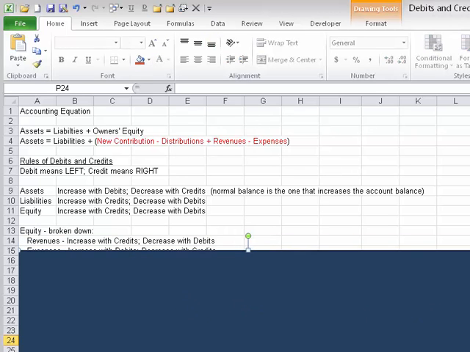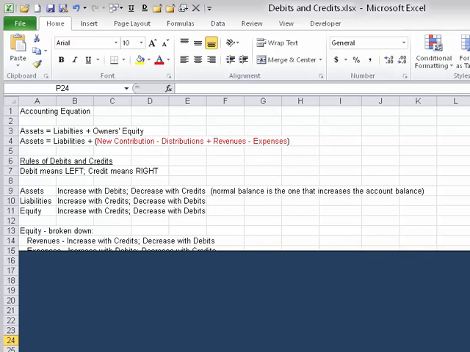We'll start with the first one, revenues. Now revenues will increase owner's equity. It's got a positive right here, right? Plus revenues. By the way, when I say new contributions, if you remember from algebra, that positive goes right in front there. So we've got increases of new contributions minus distributions plus revenues minus expenses.